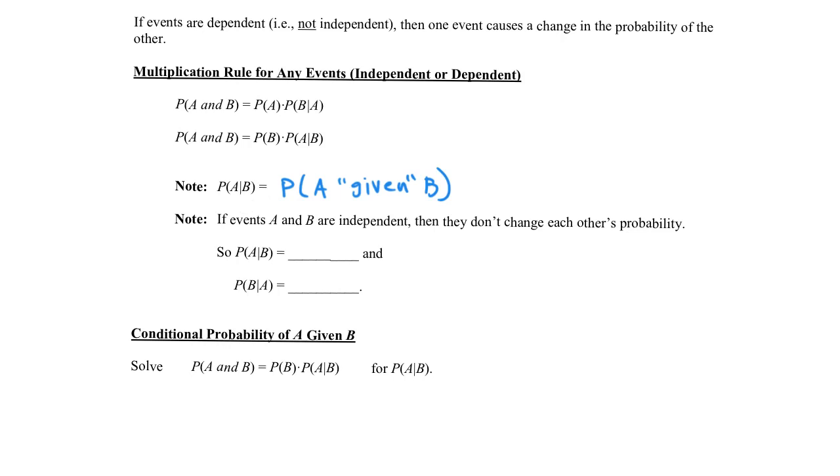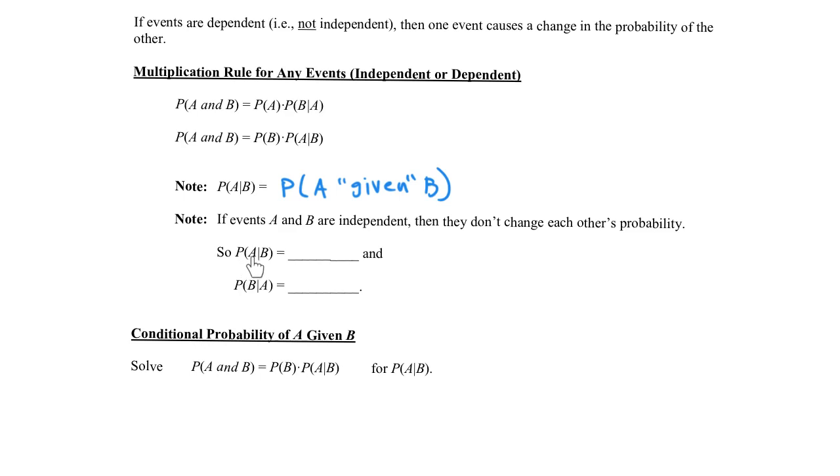So if events A and B are independent, then of course they don't change each other's probability. Think about this: if A and B are independent, they have nothing to do with each other, like rain in Topeka.